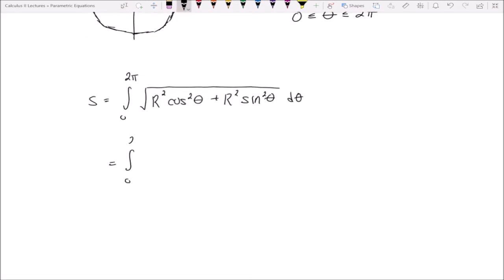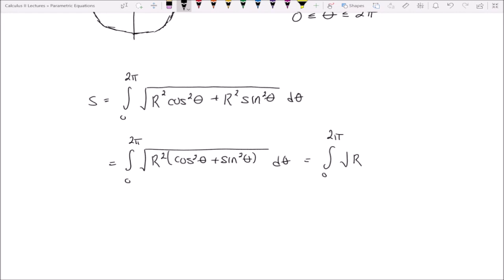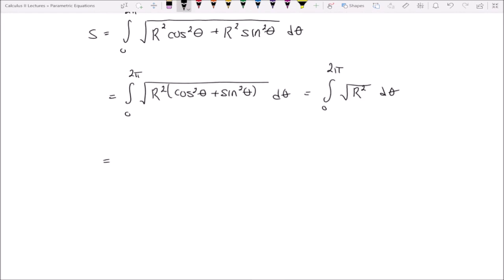This is the integral from 0 to 2 pi of the square root of r squared times cosine squared theta plus sine squared, which is the integral from 0 to 2 pi of just the square root of r squared. Right, so that's the integral from 0 to 2 pi of the absolute value of r d theta.